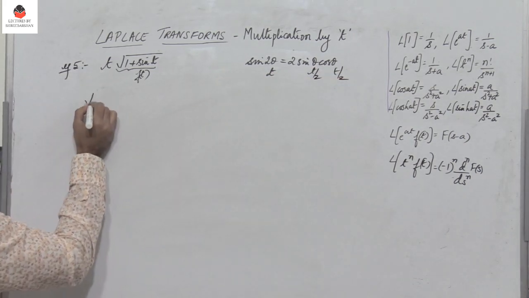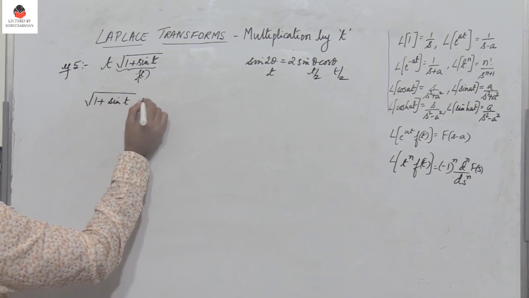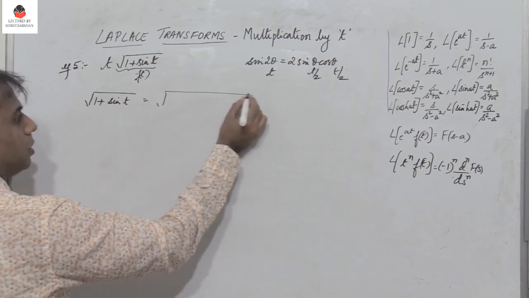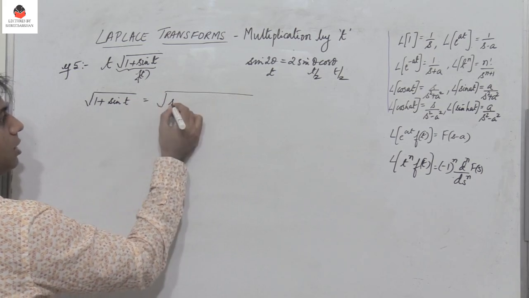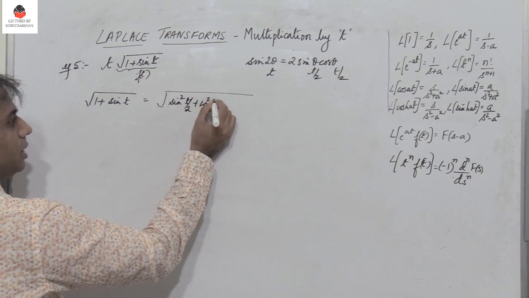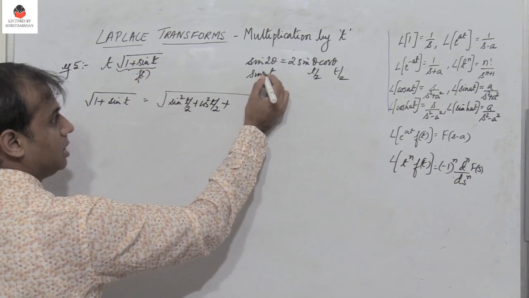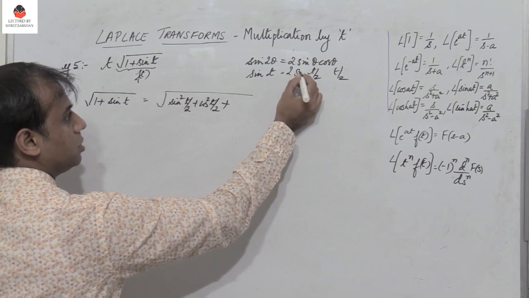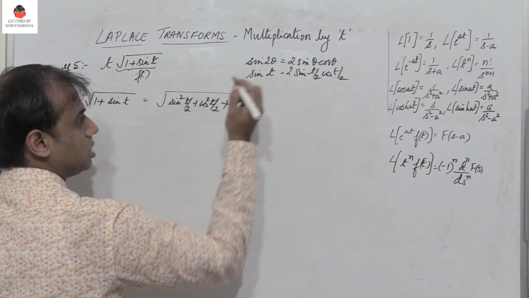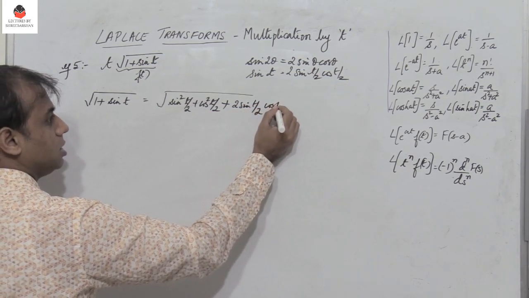So this entire function f of t can be written as root of 1. 1 can be written as sine square t by 2 plus cos square t by 2, plus sine t can be written as 2 sine t by 2 cos t by 2.